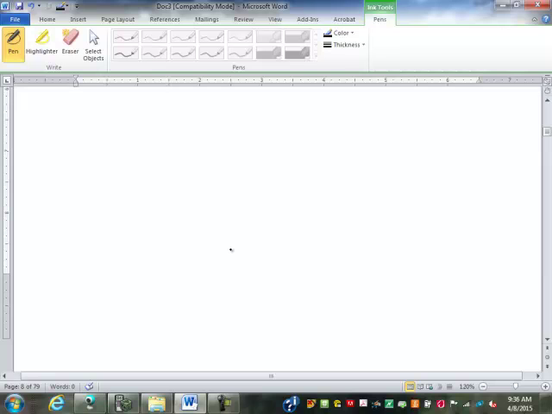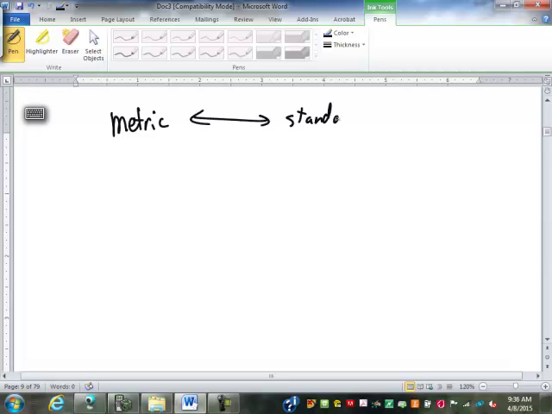Next thing I want to look at is going between metric and standard. There are a lot of conversions between units. Your book gives a whole bunch of them in there. I want to talk here strictly about simple conversions for now.